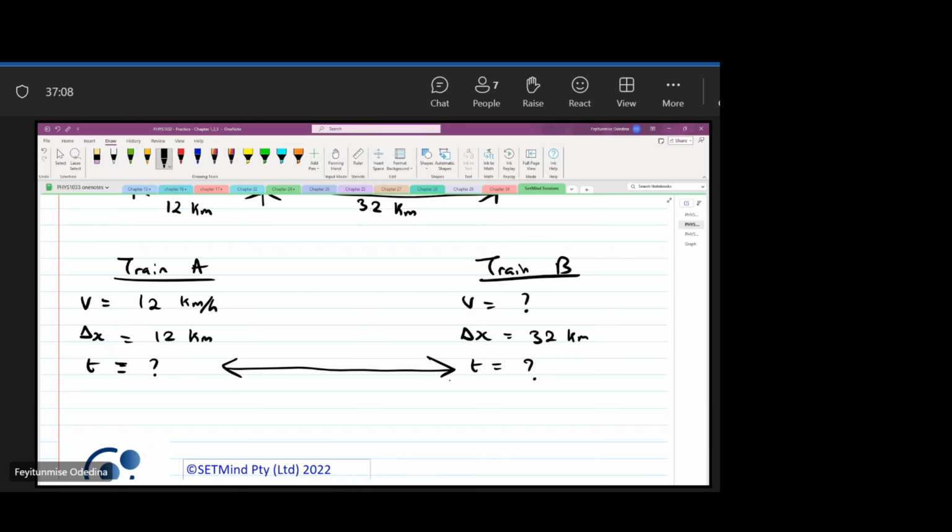Time is not constrained to any set of axes. Time is just in existence. So the displacement might be different because of the different directions in which they are coming, but time doesn't care about direction. Time is just time, so they should be the same.